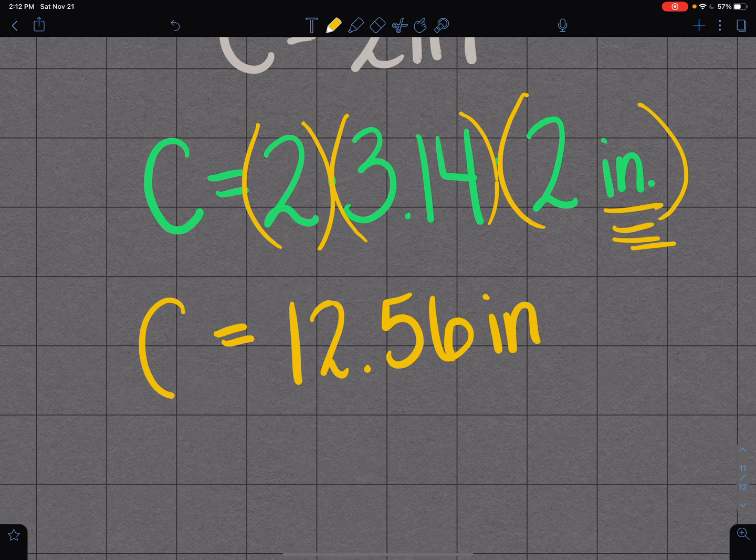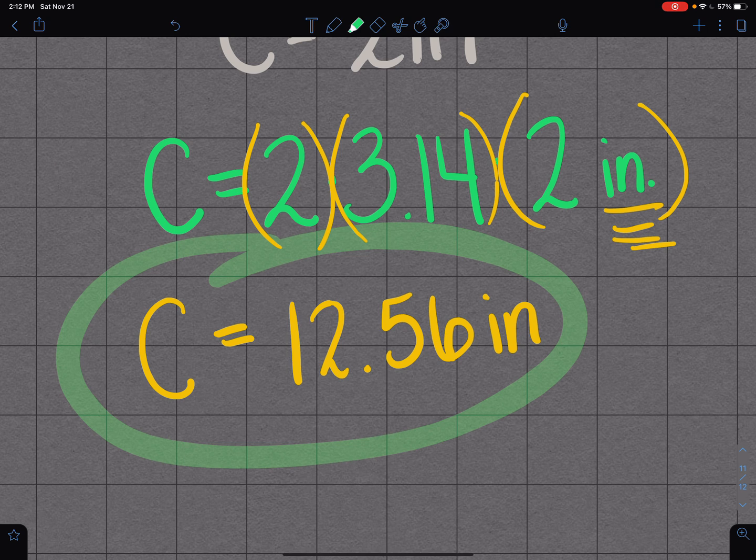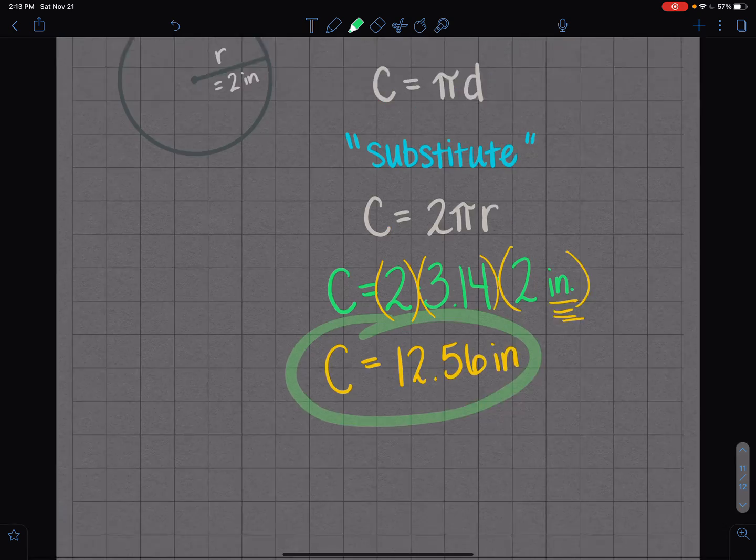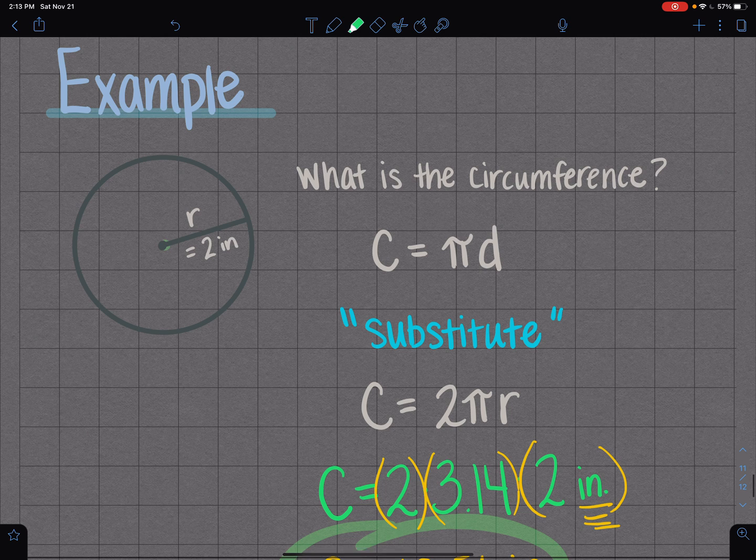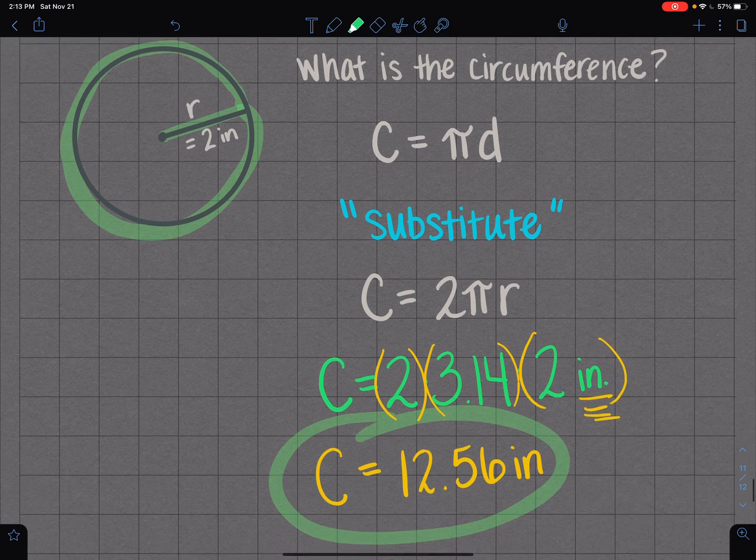So this is the circumference. Wham, there you go. The circumference of the circle is 12.56 inches. So if she draws a circle and she knows the radius, she also, without measuring, this is the miracle of it, she knows the circumference is going to be 12.56 inches. That is so cool.